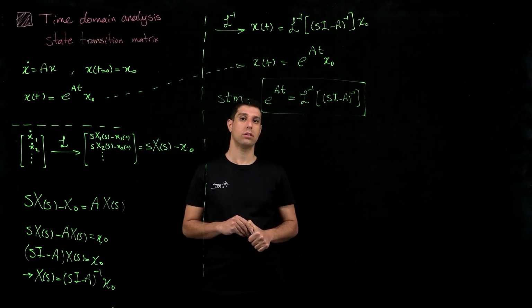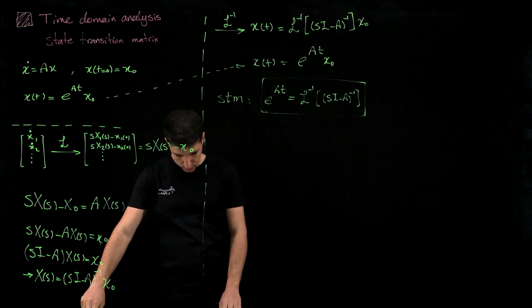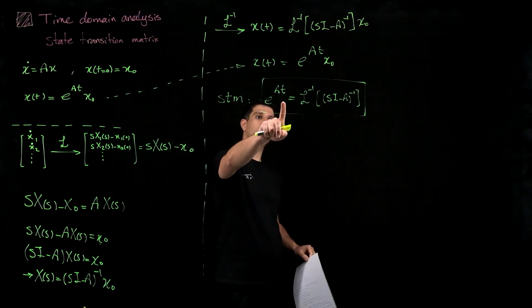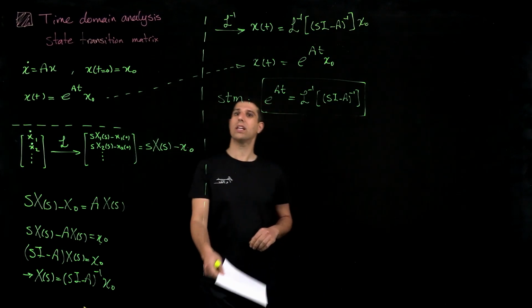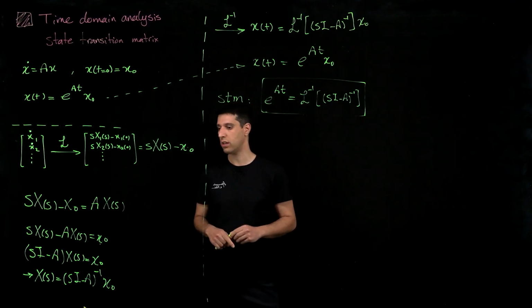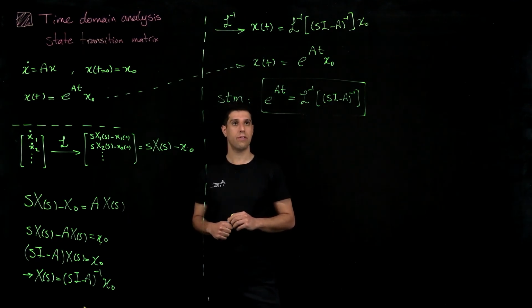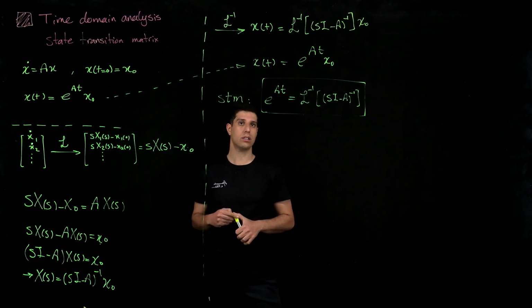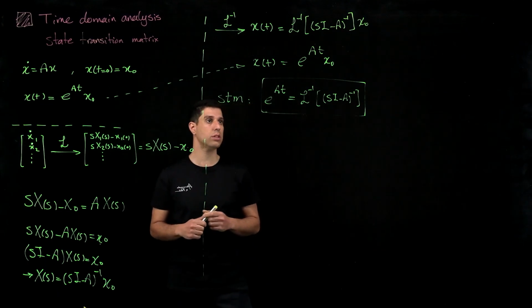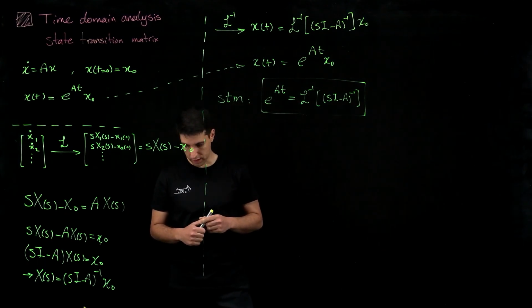Good. All right. So that's that. I leave it at that. To be honest, I don't know exactly how you can make use of that, other than there are two ways you can define the state transition matrix, one from the infinite series and one from the Laplace inverse. But let's keep it as is.